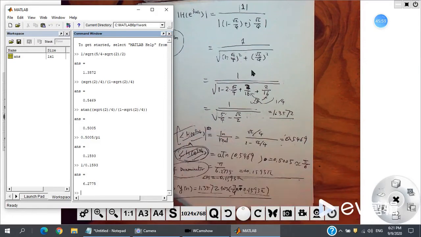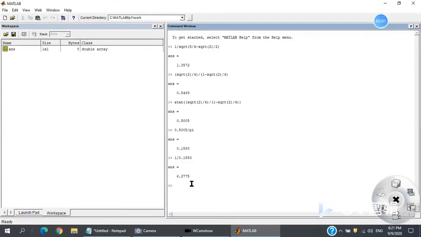I can use a computer to calculate directly. Actually, here I only use a computer for the last step. I can also use the computer from the beginning.